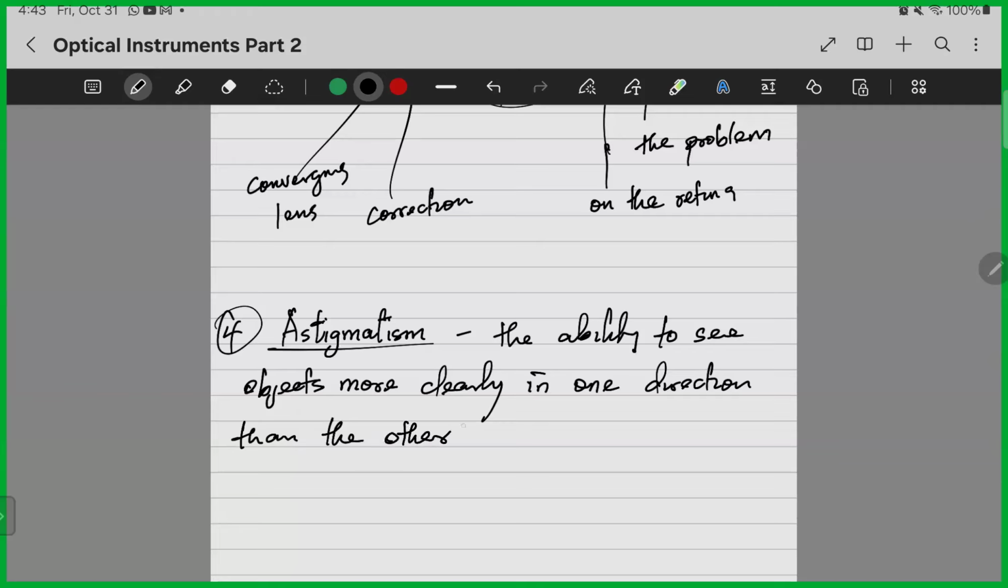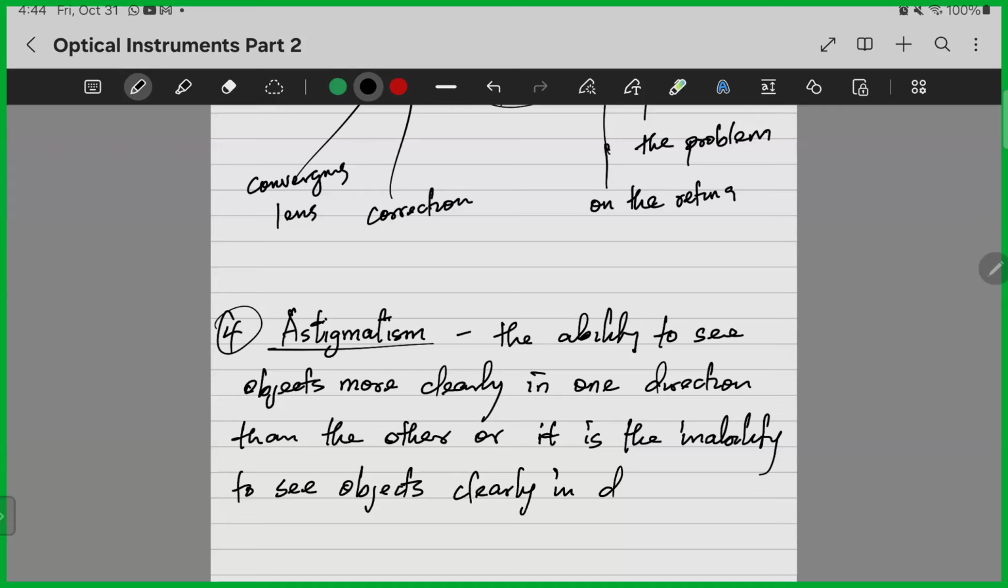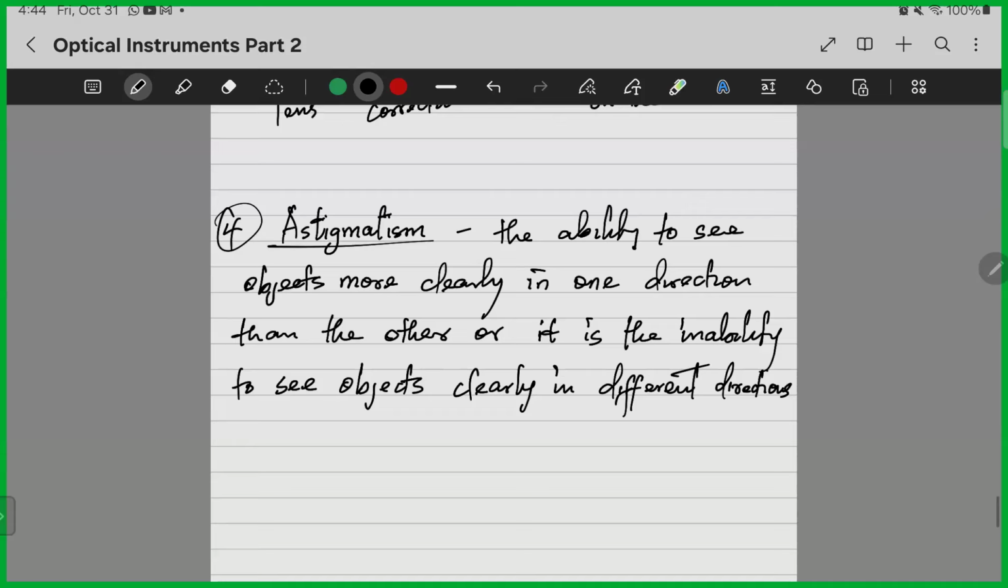You can only see in one direction better than the other, or you can say it is the inability to see objects clearly in different directions. So please take note of that.